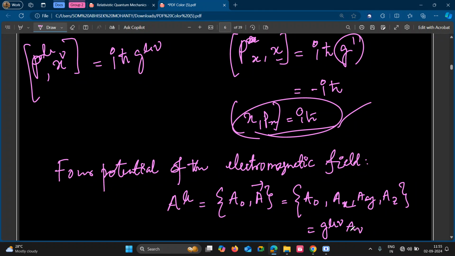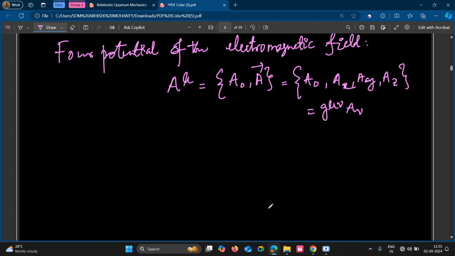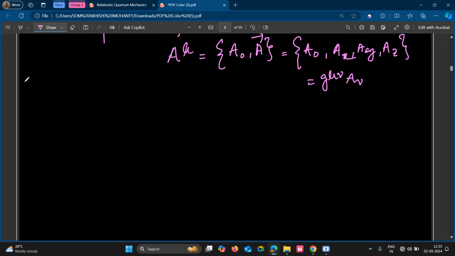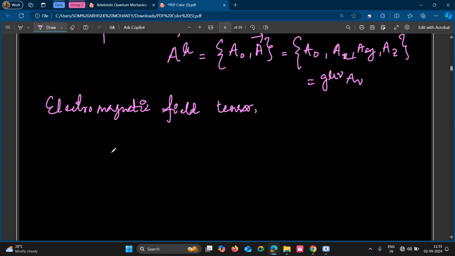From A mu, the electromagnetic field tensor can be written. From A mu we can write the electromagnetic field tensor F. You would have studied it in relativistic electrodynamics. We'll do that also, no problem.